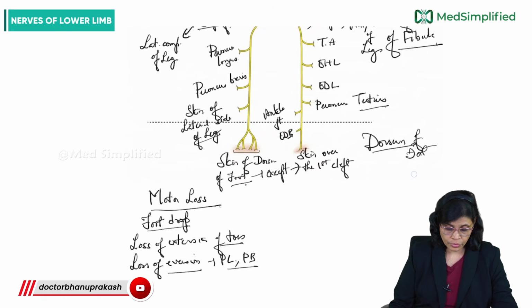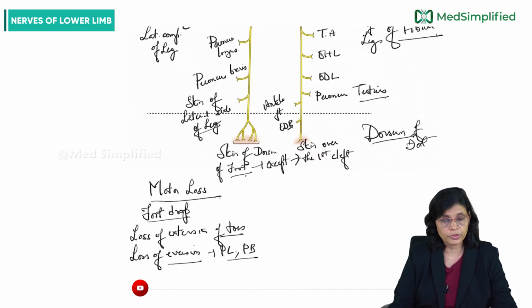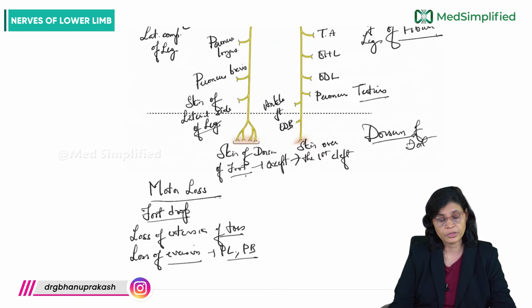Sensory loss here is mainly due to involvement of the cutaneous branches. So we will see it over the dorsum of the foot along the lateral aspect. If the common peroneal nerve is involved, then both the branches are involved. Otherwise, if the superficial peroneal nerve is involved, then we see loss along the lateral aspect of the leg as well as the dorsum of the foot, except at the first interdigital cleft.